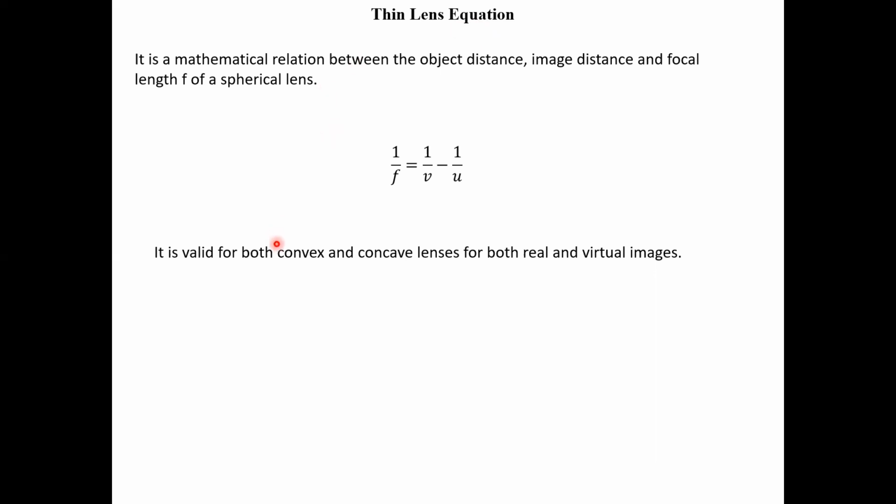Okay, and aperture of the lens should be small. And third one, the incident and refracted rays make small angles with the principal axis. That means all rays are paraxial. Okay, and last one is the object is a small object, that is point object placed on the principal axis. These are some assumptions.